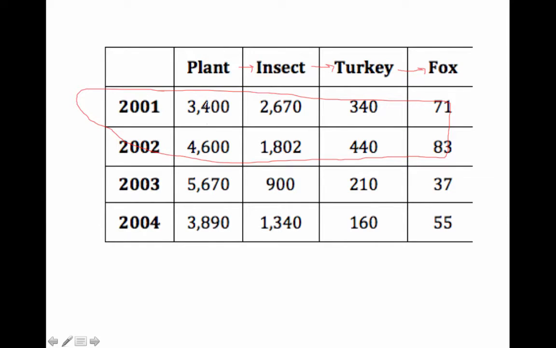Looking at 3,400 to 4,600 for plants, we know that population increased. My insects, 2,670 to 1,802, well, that decreased. The turkey, 340 to 440, that population increased. The fox, 71 to 83, that population increased. I'm just going to draw my arrows right up above my food chain so that I know what I'm looking for.